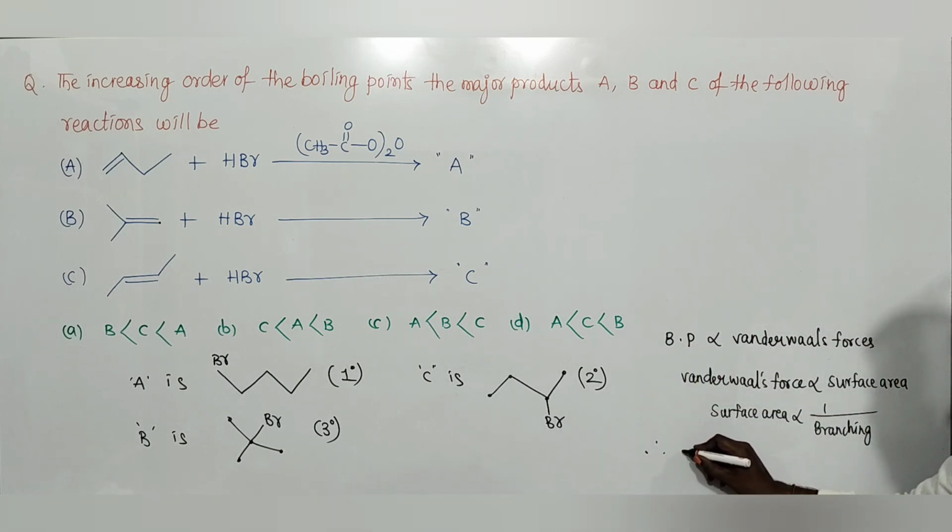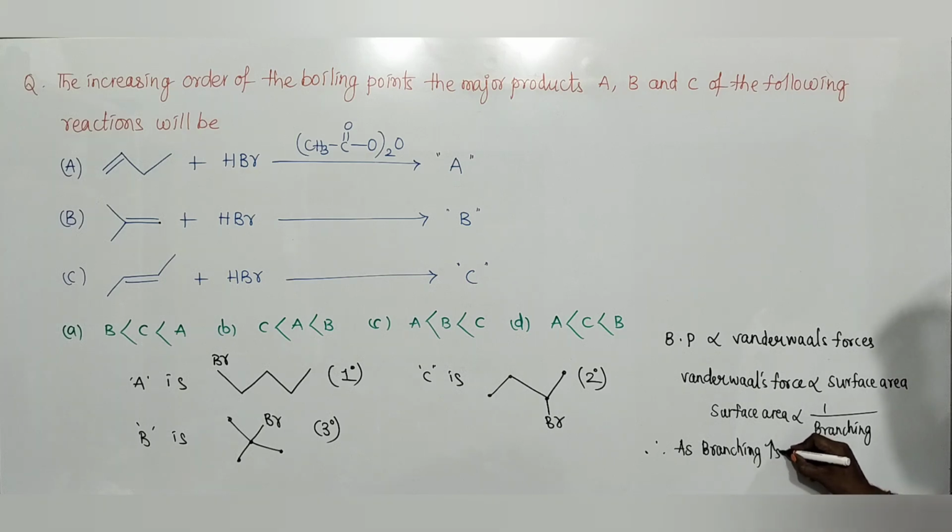Therefore, as branching increases, boiling point decreases. Surface area decreases, van der Waals force decreases, boiling point also decreases.